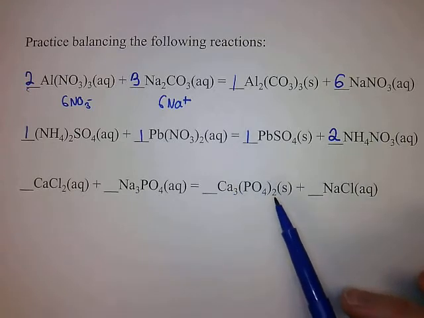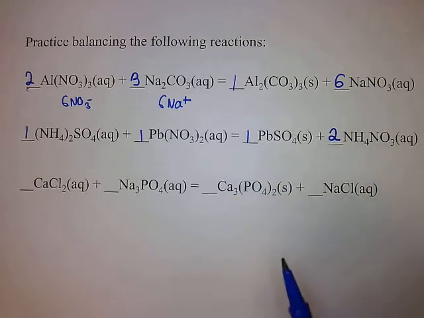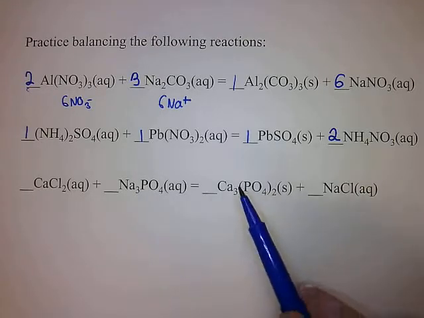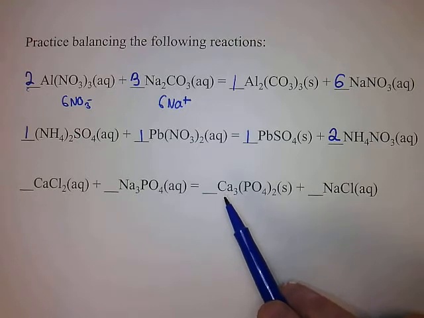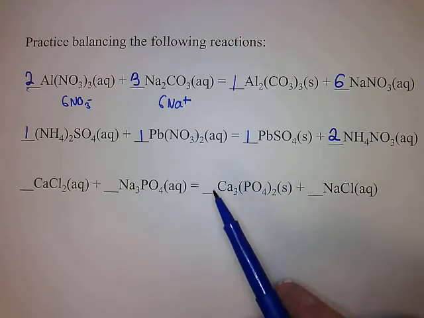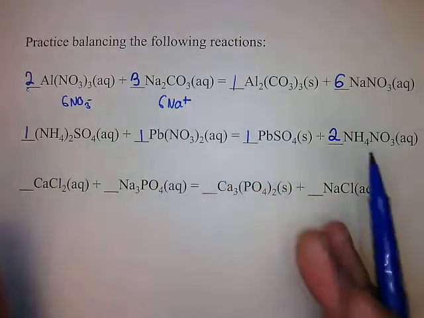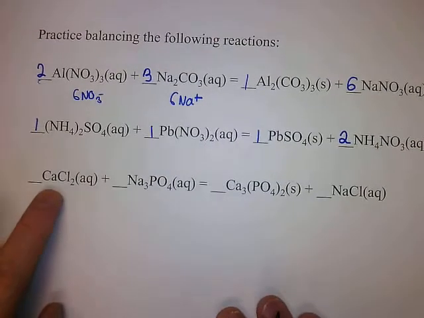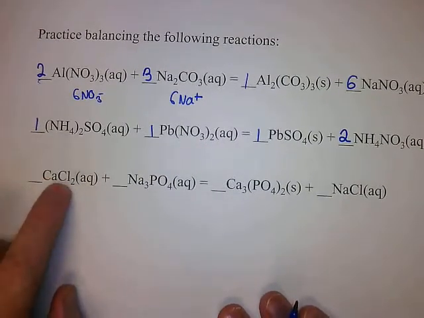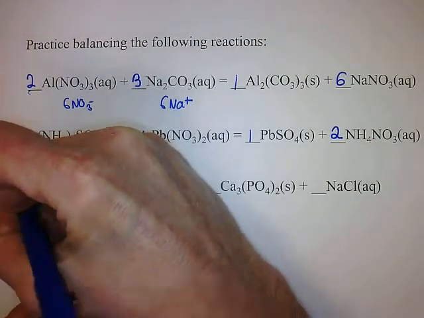Our precipitate was calcium phosphate, Ca3(PO4)2. So basically we have 3 calciums in this formula, so we're going to have 3 calciums on the right side. We're going to have 3 calcium ions on the left side. There's only 1 calcium in calcium chloride, right? So we're going to have to put a 3 there.